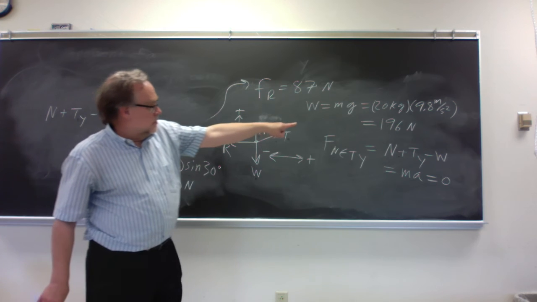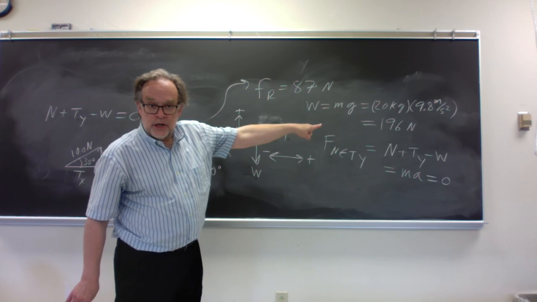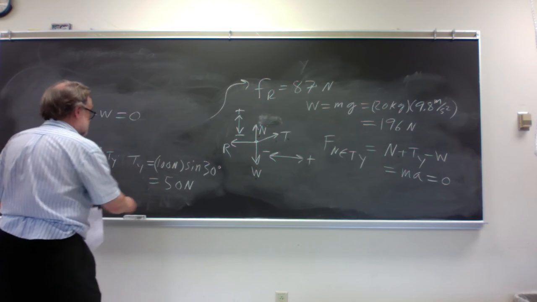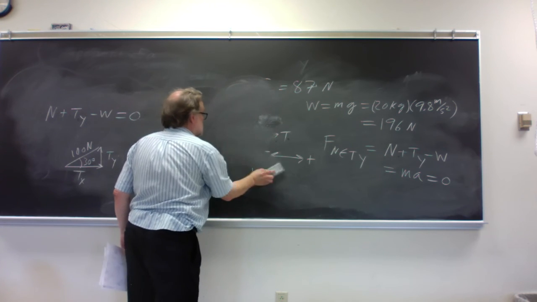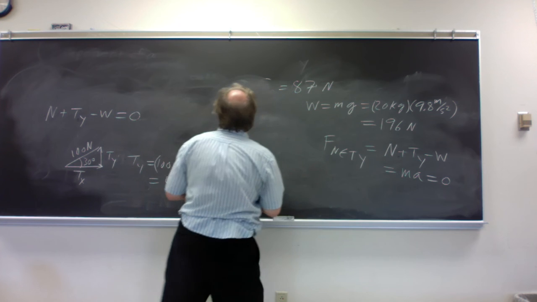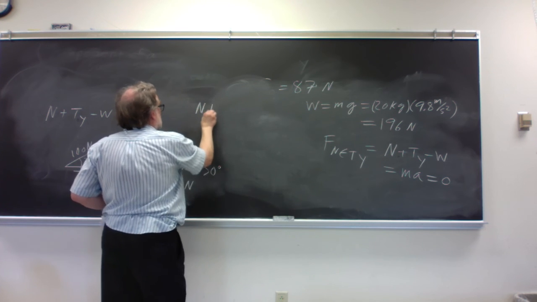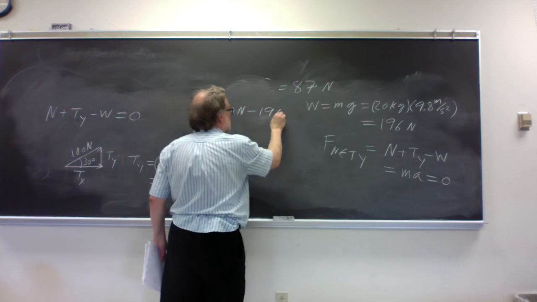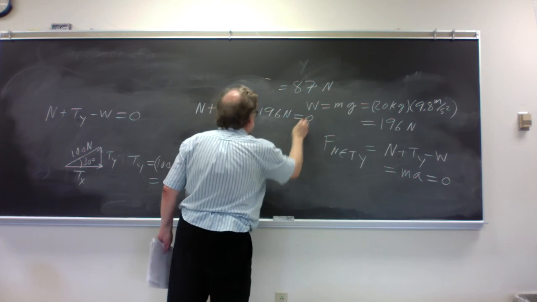And we had figured out earlier that the weight is 196 newtons, so now we can find out what N is. N plus 50 newtons minus 196 newtons equals 0.